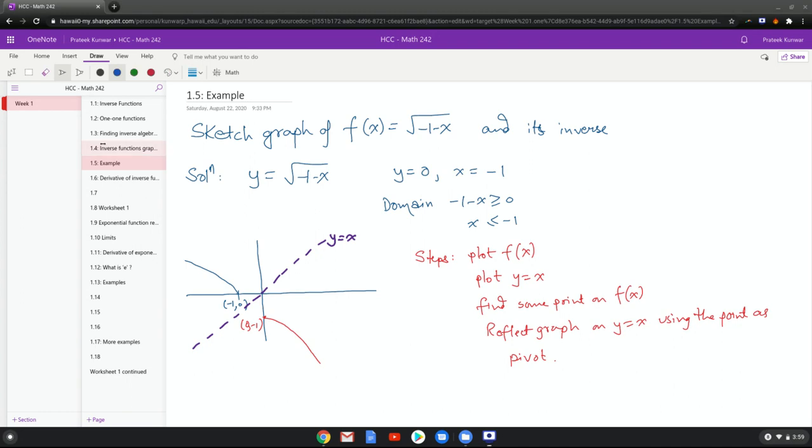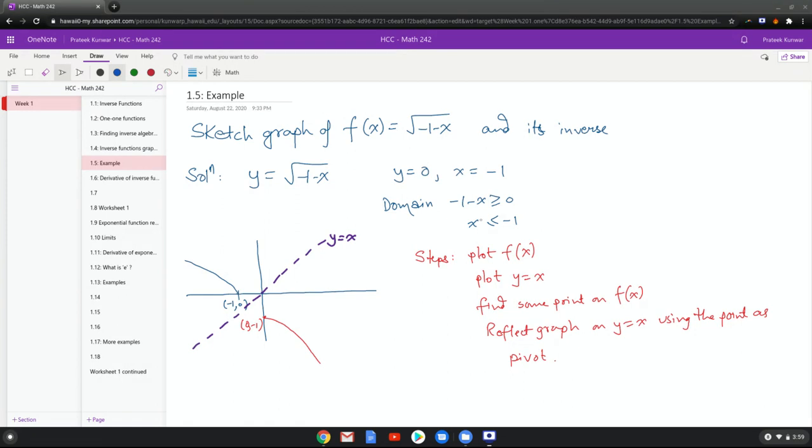Okay, let's look at an example. Let's say you have to sketch the graph of the function square root of negative 1 minus x and its inverse. The first step is to sketch the graph of this function. This is a review of something that you've done before. Ideally, you want to plug in y equals 0 and find out when that happens. That happens when x is -1, so you get a point here.